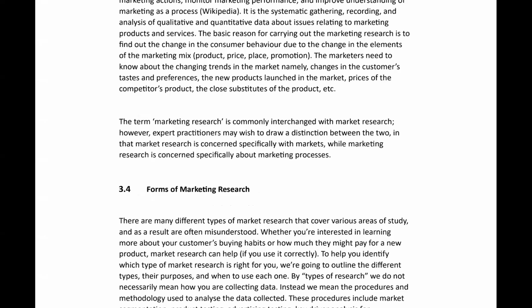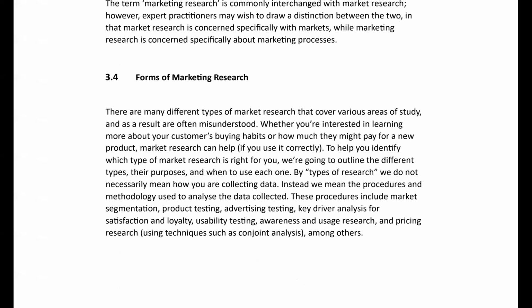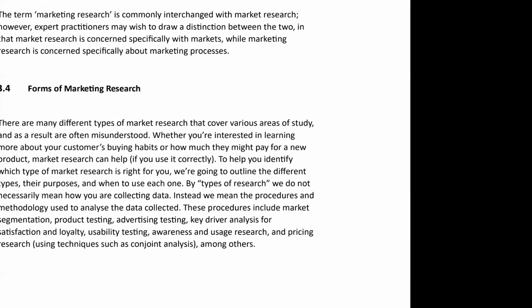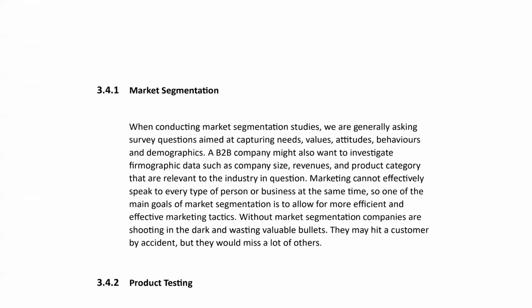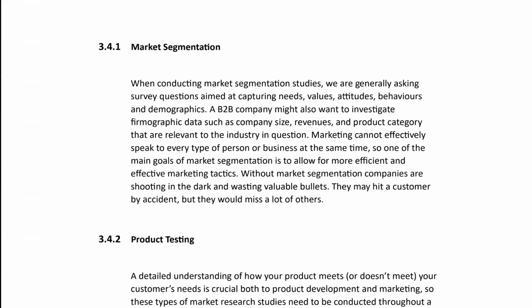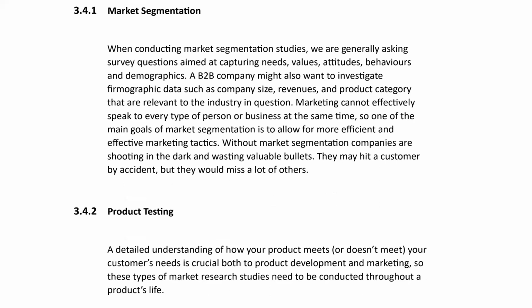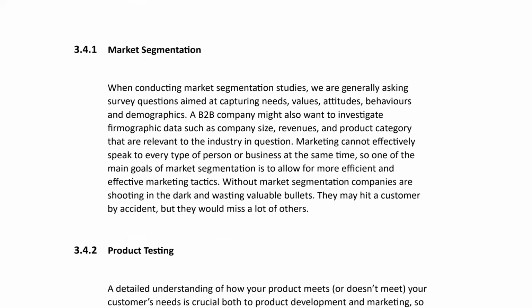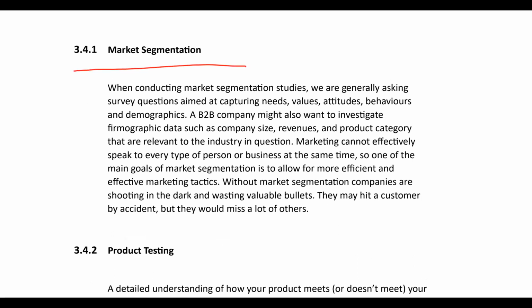Now, what are some of the main forms of marketing research? The following are the main forms of marketing research that I should be able to look at. Number one, marketing segmentation. During marketing segmentation, you conduct market segmentation studies.